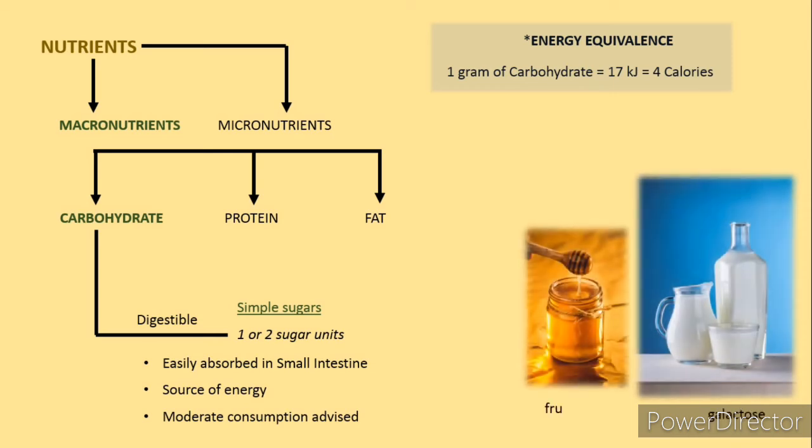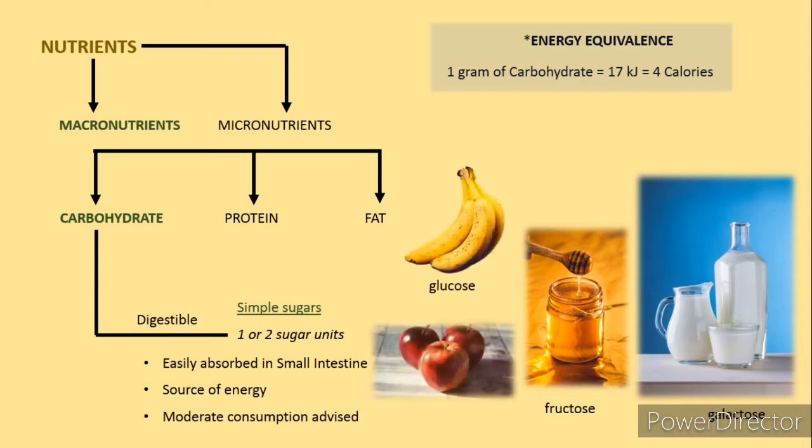We must know here though that it is the sugar unit or units that are absorbed, because later we may realize that not all carbohydrate components become fully absorbed in the gut to provide the body with that 17 kilojoules per gram of carbohydrate molecules. But we see for now that foods such as fruits and honey, milk, for example, provide us with enough sugar as a source of energy.